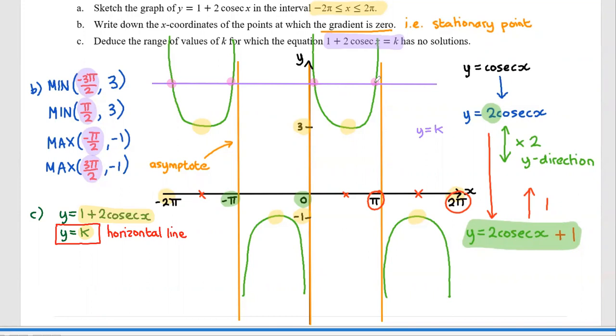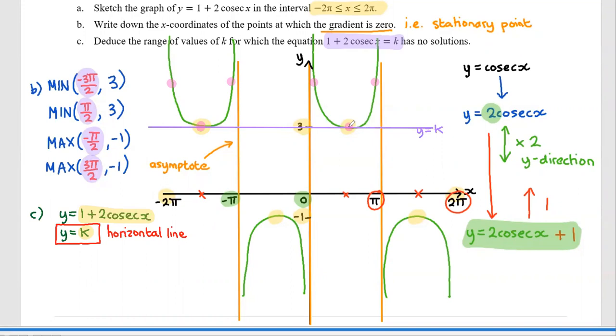Now, as I change this value of k, if I make it less, I've still got 4 points of intersection, but I can reduce the number of points of intersection by setting k equal to 3, which is where my minimum point is. I know I'm not drawing it perfectly, but you can see I've already got the two highlights here, there and there. We can see we've got points of intersection at -3 pi over 2 and pi over 2.